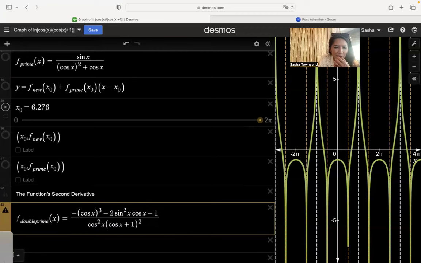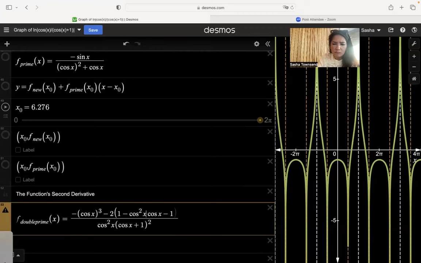Just trying to think of ways to simplify it. Can't think of anything. Well, actually, I guess we could replace the sine squared with 1 minus cosine squared, right? Then I would have a negative cosine cubed, and when I distribute this negative 2 through the parentheses, I'll have negative 2 times cosine of x, and then negative 2 times negative cosine of x, or negative cosine cubed x.